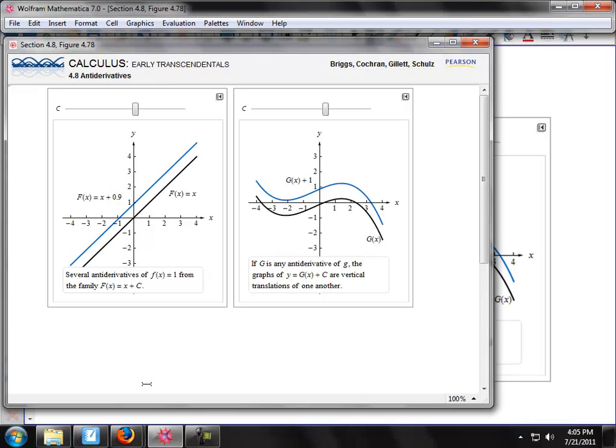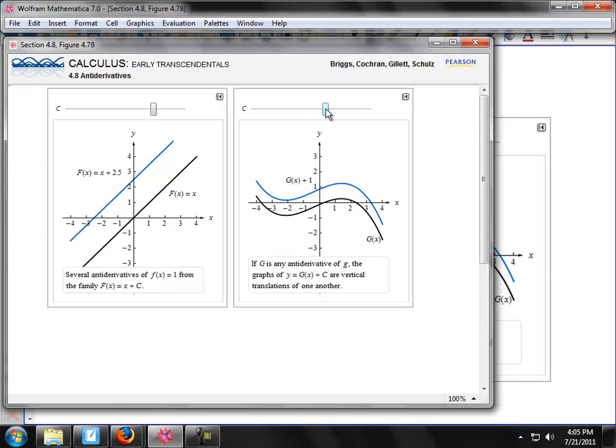Okay, so when we're thinking about antiderivatives, we're actually getting a family of answers. It's all the functions that are vertical shifts. So this line, if you shift it up and down, all of those are solutions where the derivative is 1, and the antiderivative is x plus a constant.